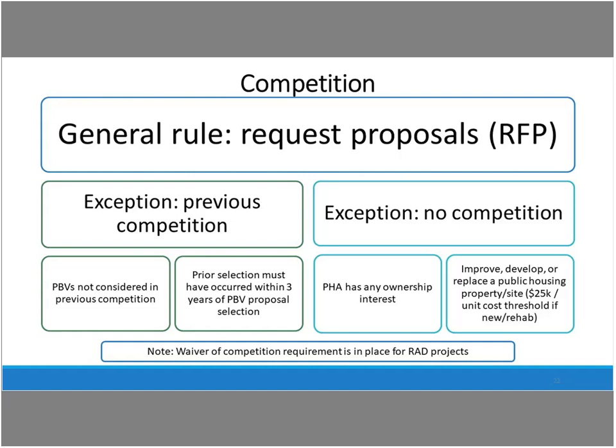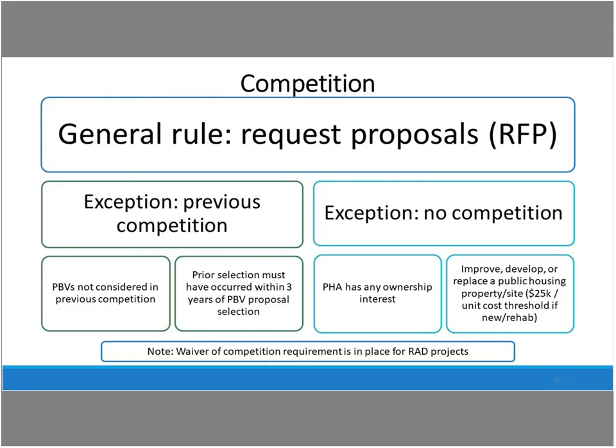If the housing authority, who is the administrator of the housing choice voucher program, has an ownership interest in the entity receiving the voucher contract, who is the owner of the project, then there's eligibility for no competition. We'll talk about some of the ownership interest issues later. So that's the left side of the box.